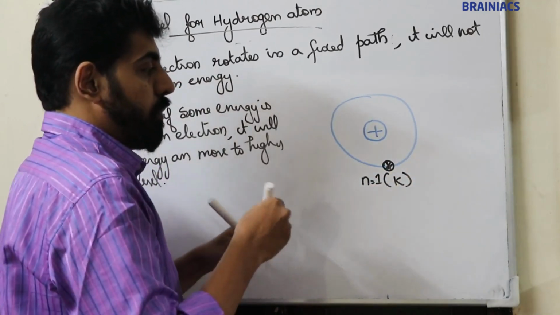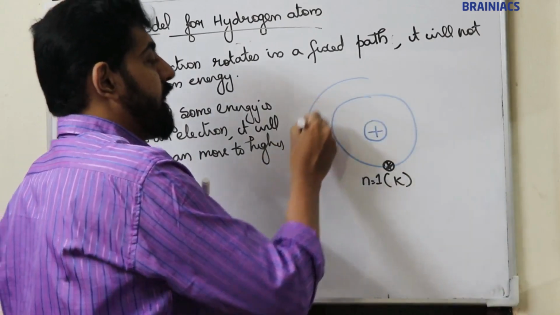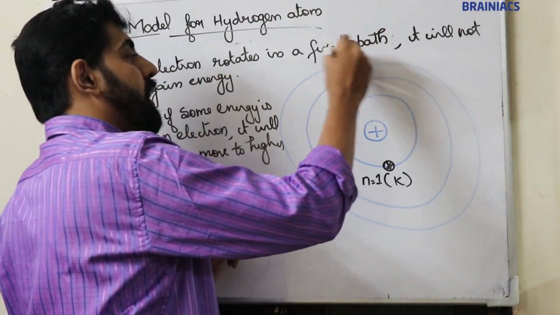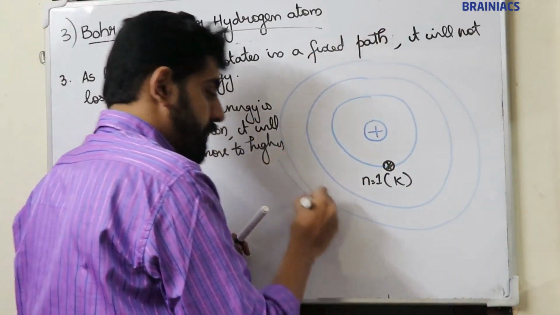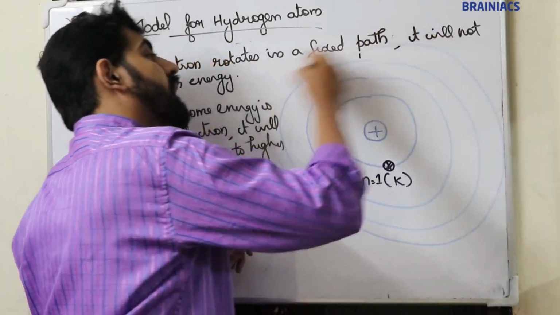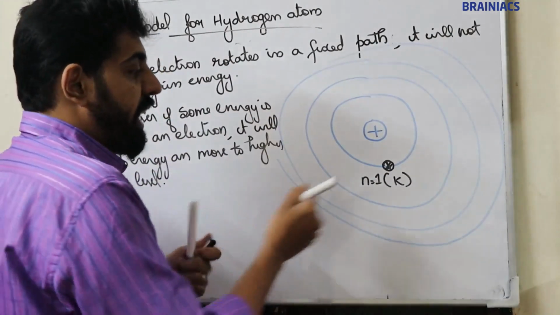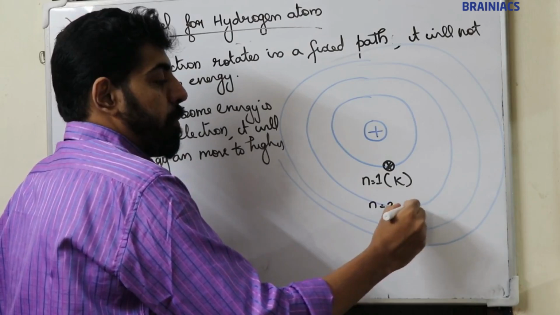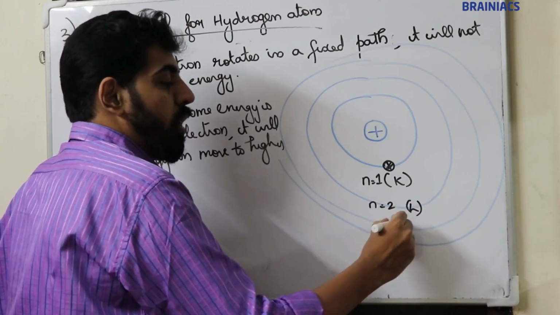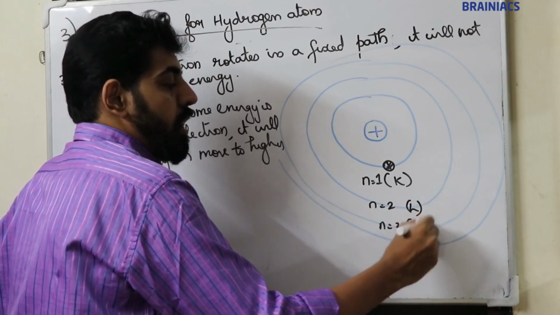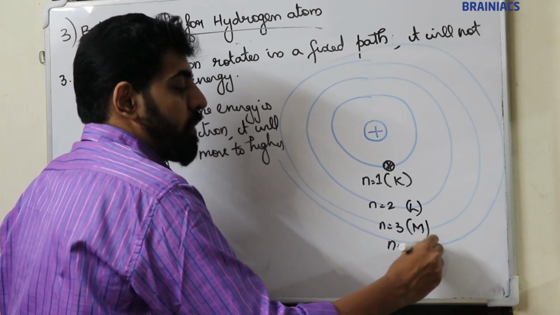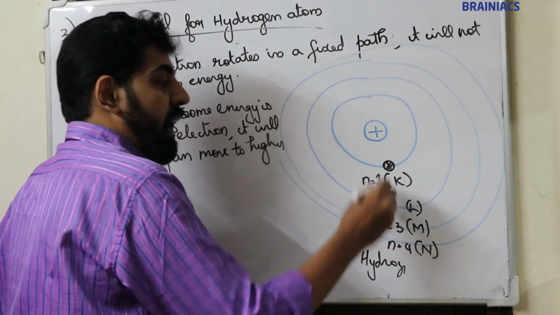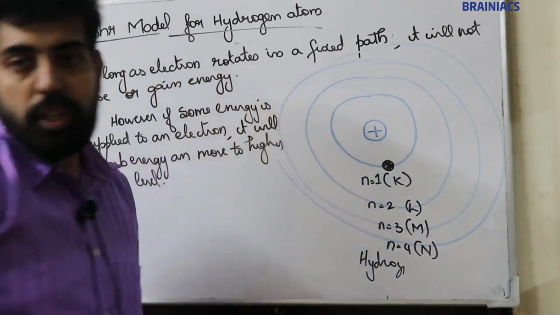Now, let this be n equal to 2, this be n equal to 3, let this be n equal to 4, etc. In the hydrogen atom, the electron is present at n equal to 1, that is the K shell.